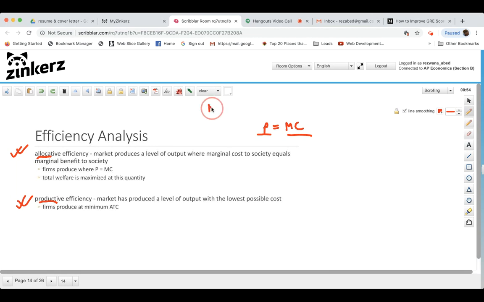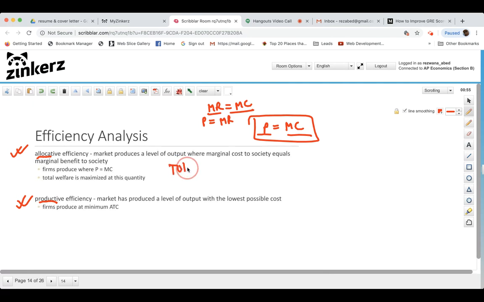And we know this is what happens in perfect competition, because they produce where marginal revenue is equal to marginal cost and price is equal to MR. So they produce where price is equal to marginal cost, and therefore total welfare for society is at its maximum.